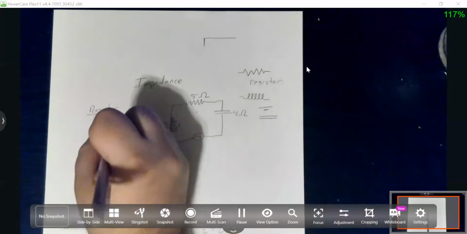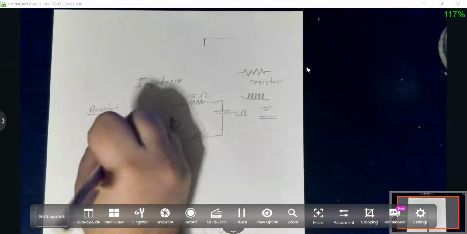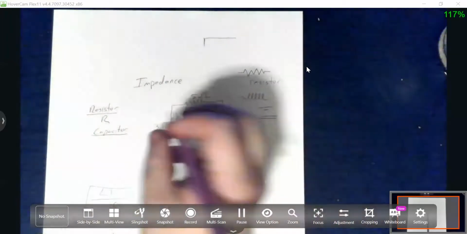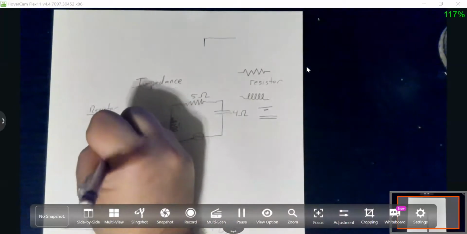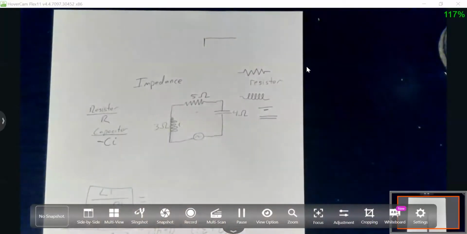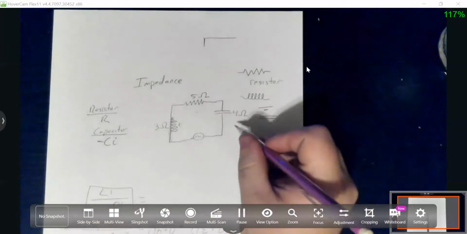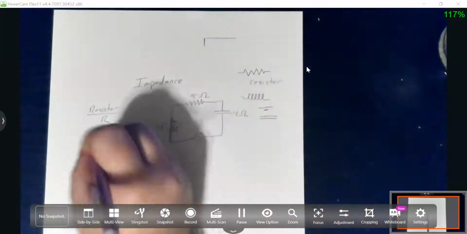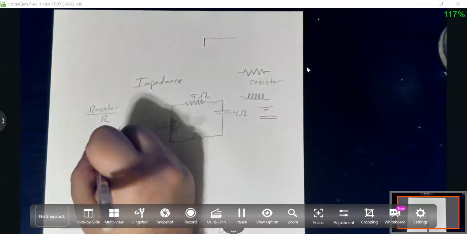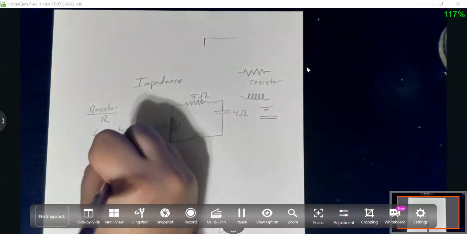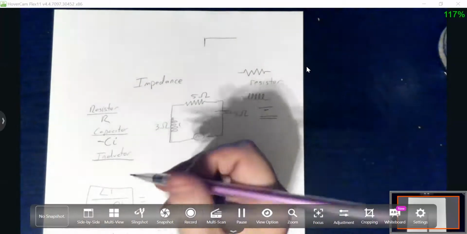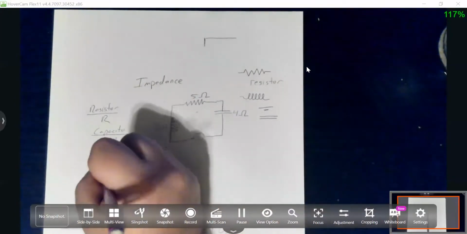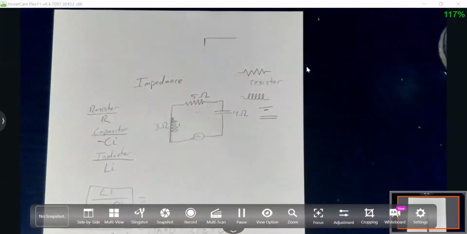A capacitor is actually going to give us an impedance of negative whatever the rating of that capacitor is, times i. An inductor would actually give a rating of Li, where L is the inductance we're looking at here.